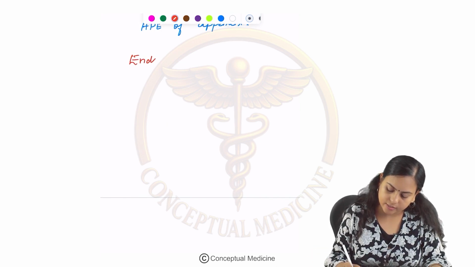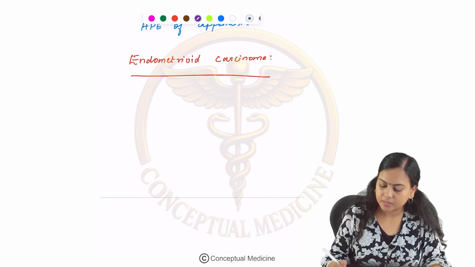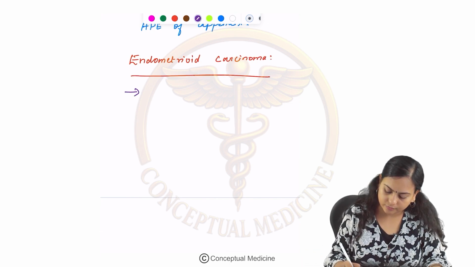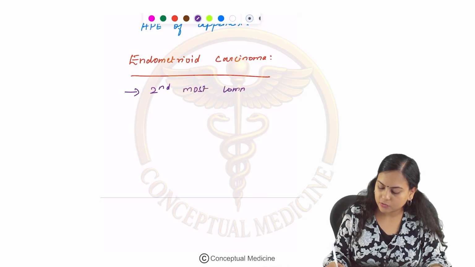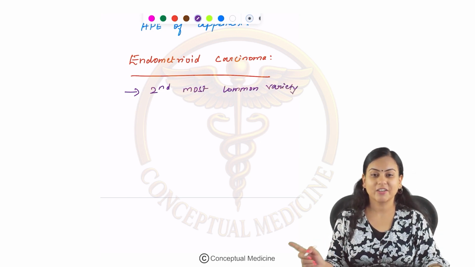Okay. The next type is endometrioid carcinoma. So endometrioid carcinoma is the second most common variety. What is the first most common variety we have seen? It is the serous adenocarcinoma.